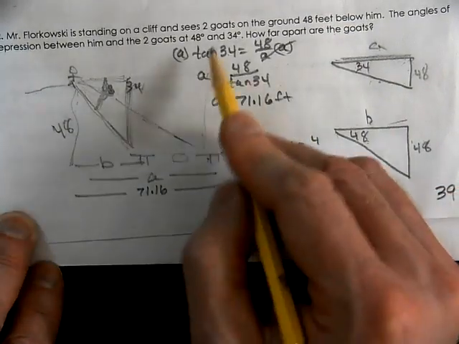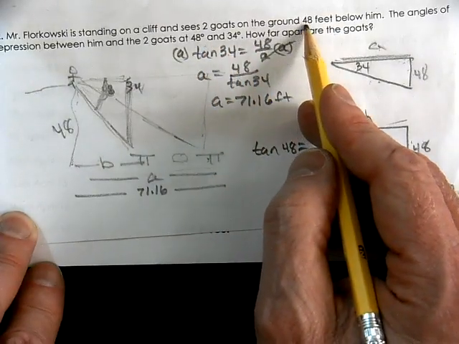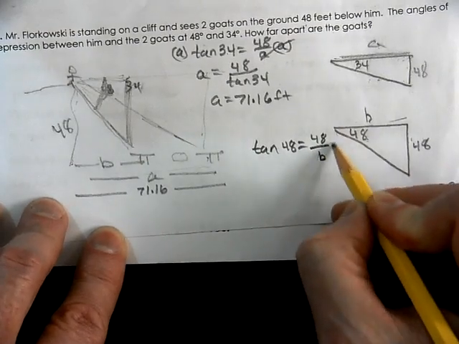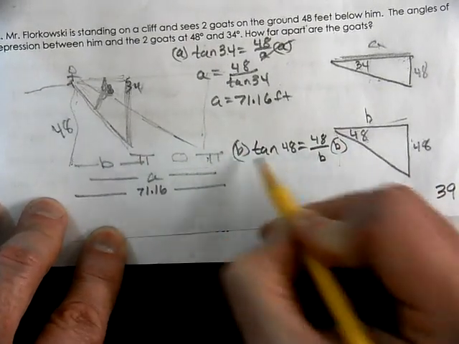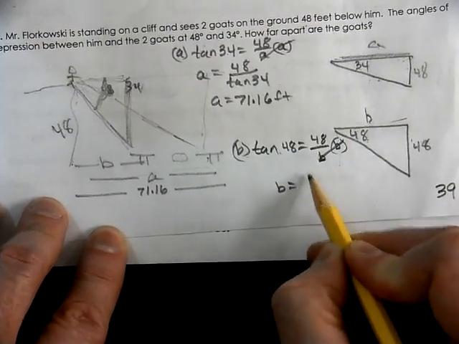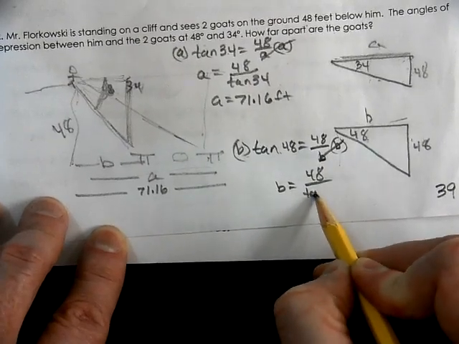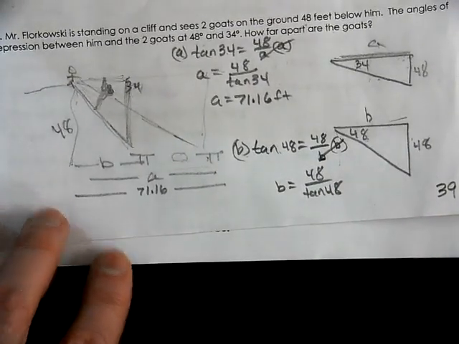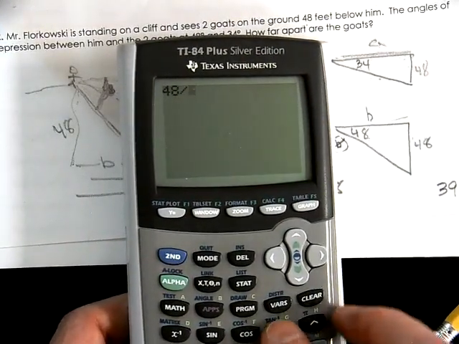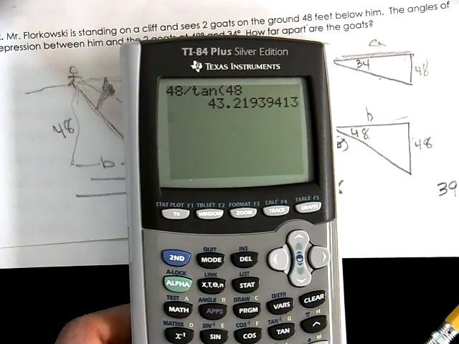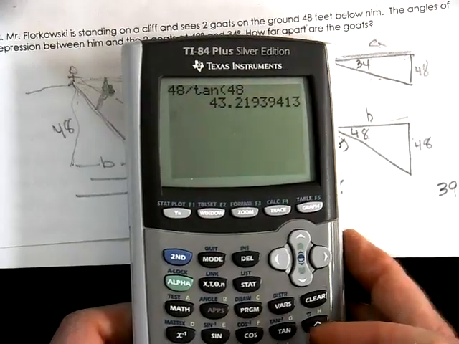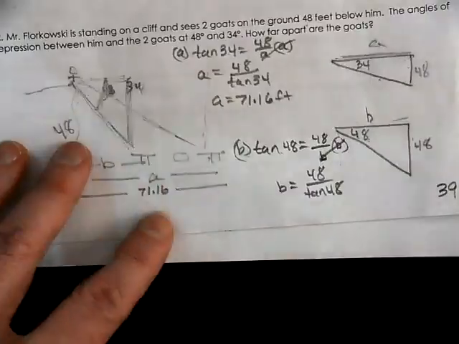Oh, it's 48 also, huh? 48 is the angle. 48 is the height. That's funny numbers, but okay. Just doing the math. Then we divide the tangent down. We have B equaling 48 divided by the tangent of 48. Tangent of 48 is not 48. It's not 48 divided by 48. You've got to divide it by the tangent of 48.